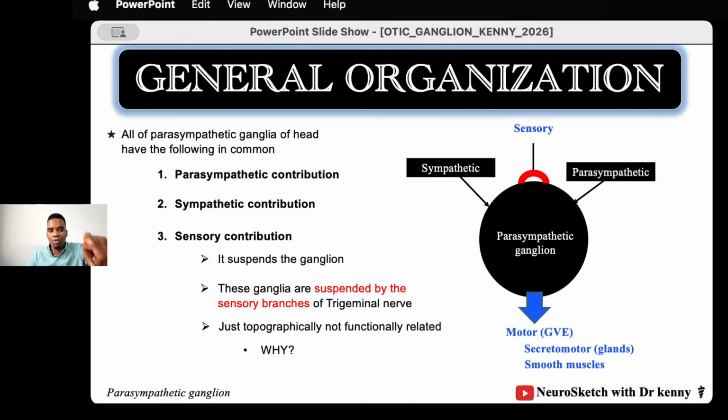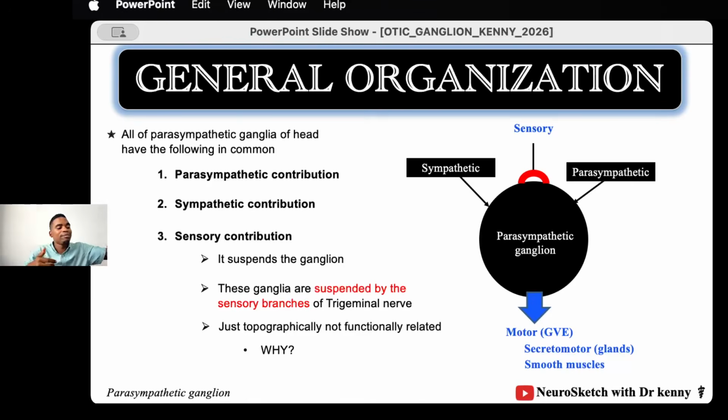The biggest question is why? Why are they suspended by the trigeminal nerve? Remember, the trigeminal nerve is the chief sensory supplier of the head. The bigger part of the head receives sensory innervation from the trigeminal nerve, and so these parasympathetic ganglia are using this advantage. The trigeminal nerve goes to a lot of places within the head.